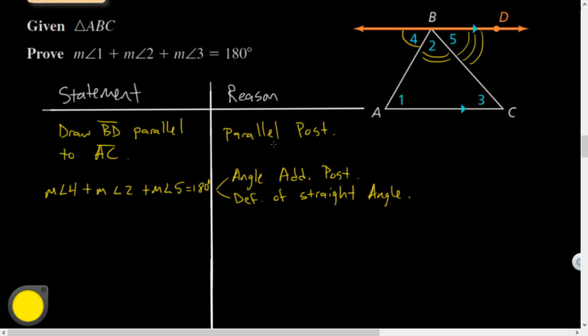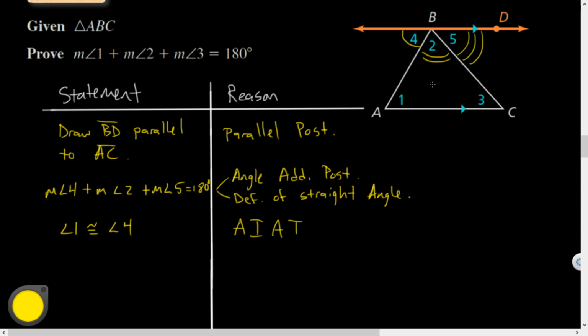All right, let's see if you guys can get this next one. I think you can. I'm going to say angle 1 is congruent to angle 4. Why is that true, friends? Alternate interior angles theorem. It's the theorem because I know that the lines are parallel.